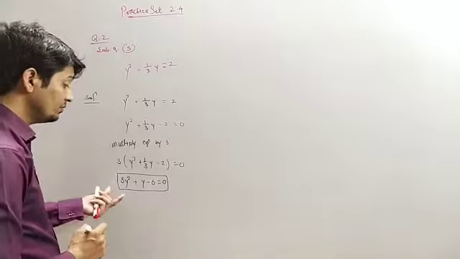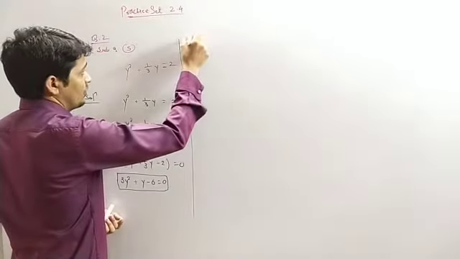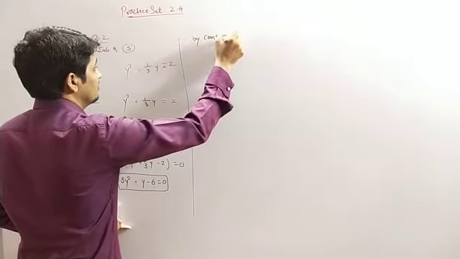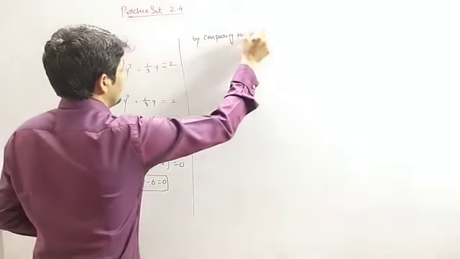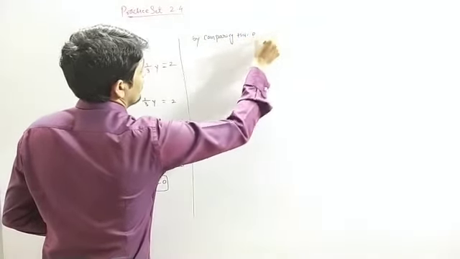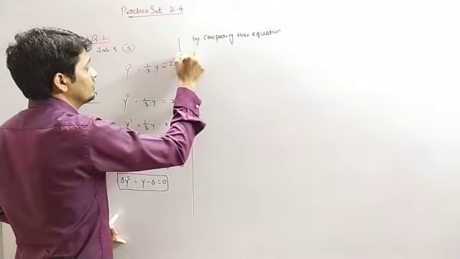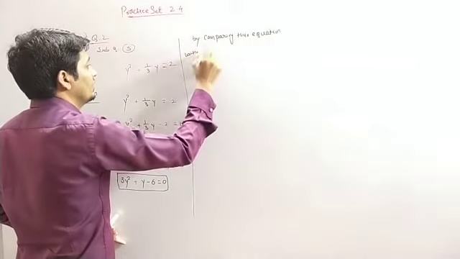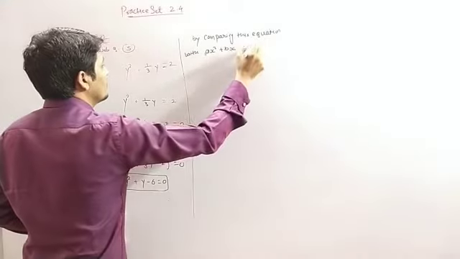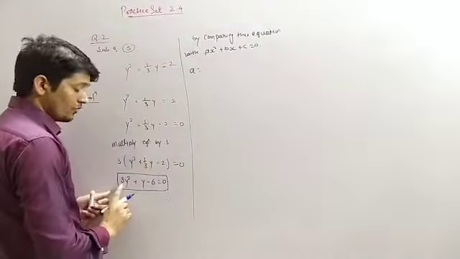Okay, so by comparing this equation with ax square plus bx plus c equals 0, we can write a equals 3.